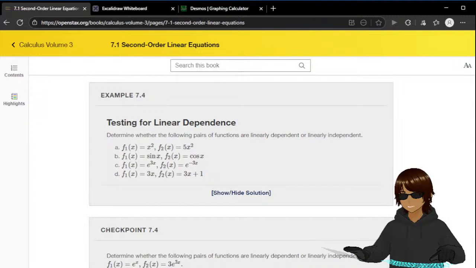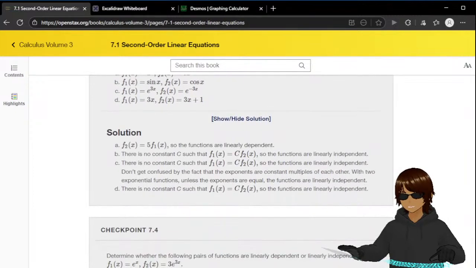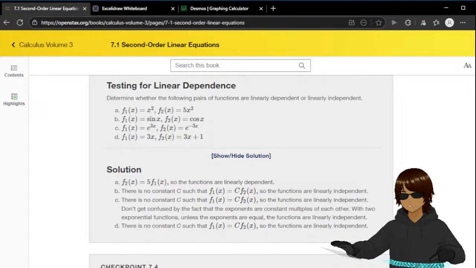These are dependent. These are independent, dependent. Dependent, independent. Last one is independent. And what about this? Don't get confused by the fact that exponents are constant multiples of each other with two exponential functions. Unless the exponentials are equal, the functions are linearly independent.